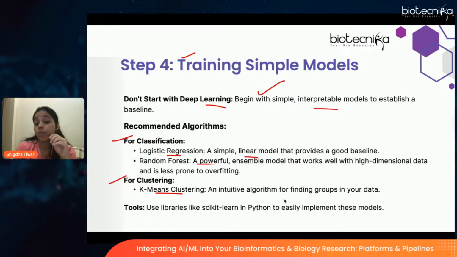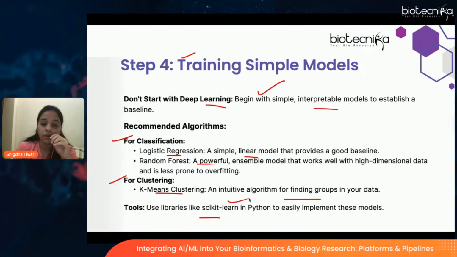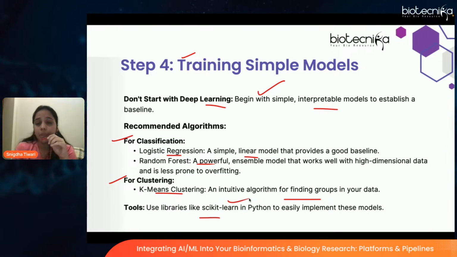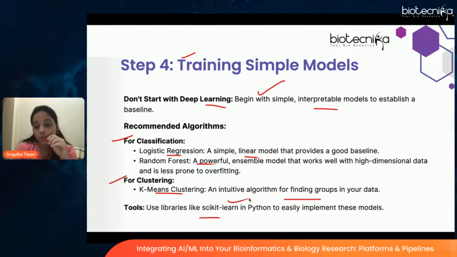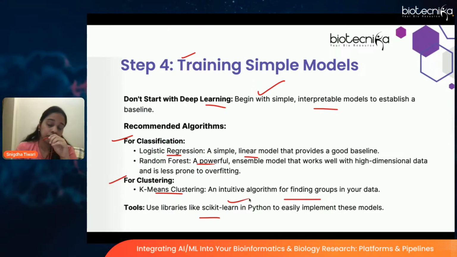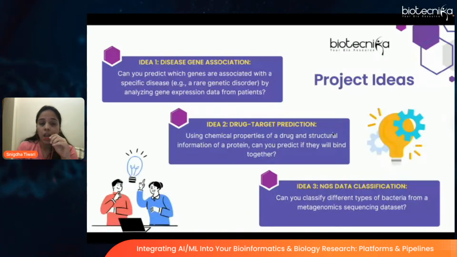This is an intuitive algorithm for finding groups in your data. Use libraries like scikit-learn in Python. Stick to scikit-learn. It is very easy to implement these models, and it will give you a good detailed analysis end to end. So you can stick to the basic tools and libraries. Train your simple models, start with that in interpreting and building your models, right?